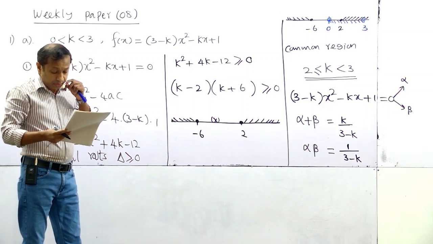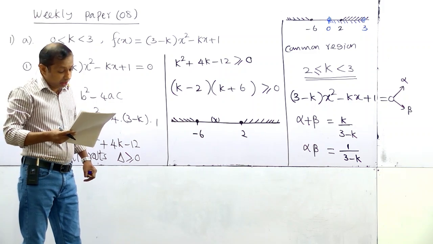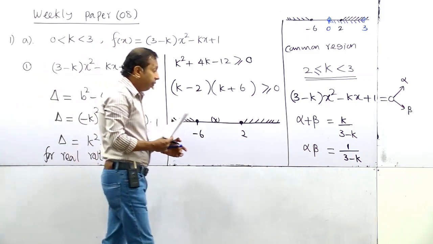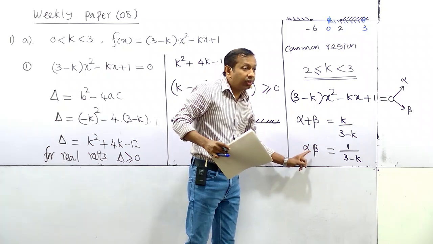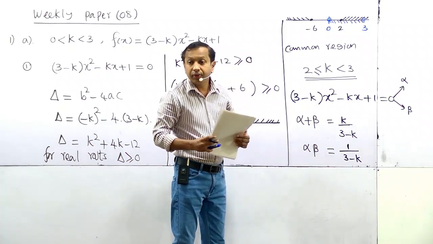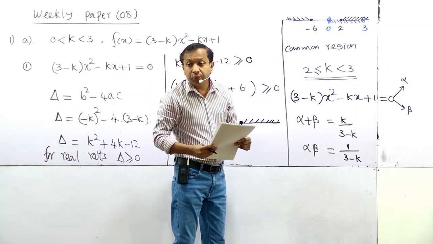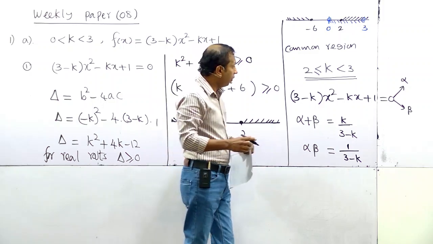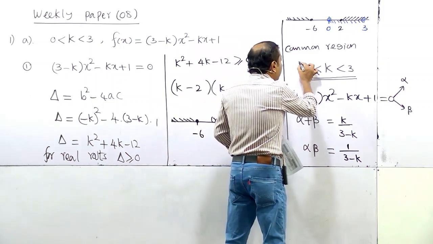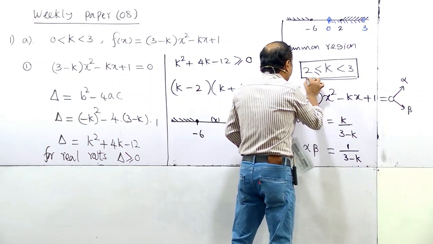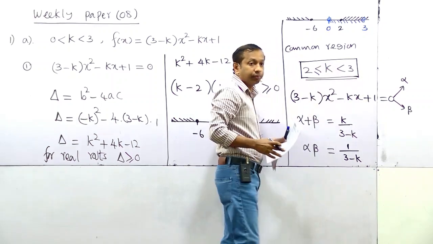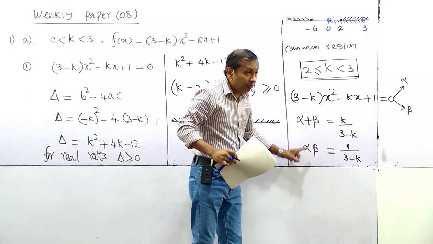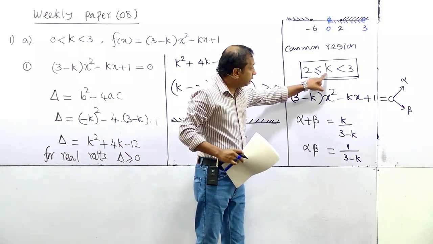Show that when alpha and beta are real, then both of them are positive. When alpha and beta are real, meaning the two roots are real, we have just now proved k should lie in the interval from 2 up to but less than 3.